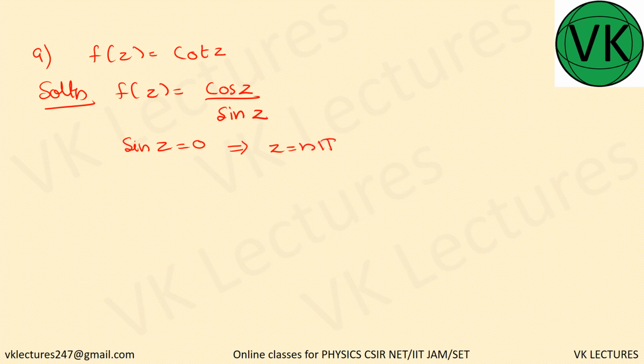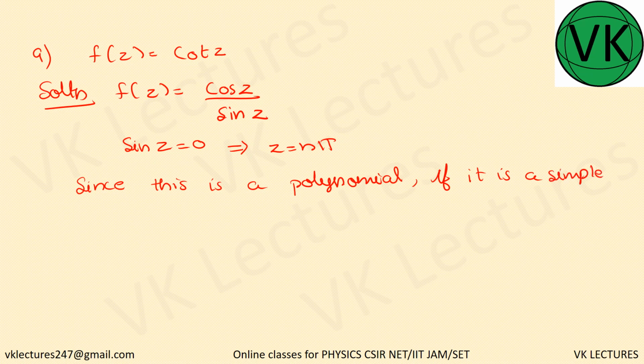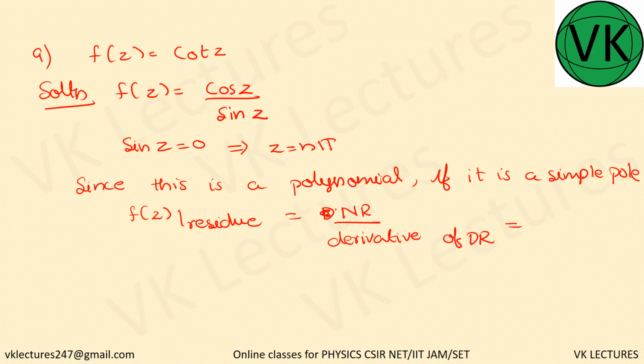Since this is a simple pole, there is a shortcut we can use to find the residue. The shortcut for finding the residue is the numerator divided by the derivative of the denominator.